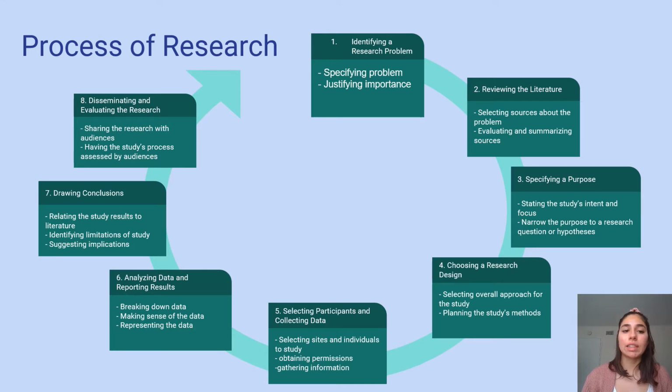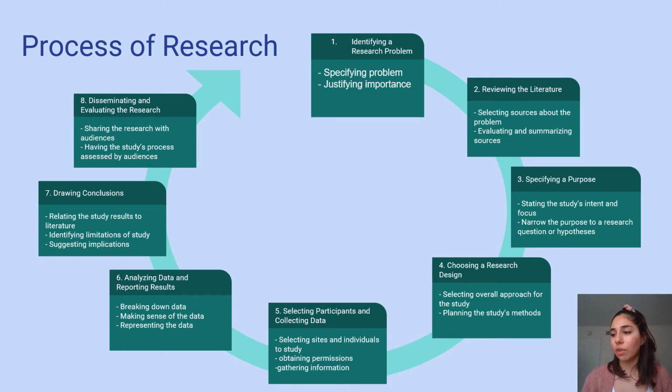So you are relating the study results to the current literature, you are identifying any limitations to the study, and you are then suggesting any implications and things that can be drawn from the research. And the last step is disseminating and evaluating the research. So you're sharing the research with audiences and you're having the study's process assessed by audiences. So that is basically the 8 steps in the process of research.